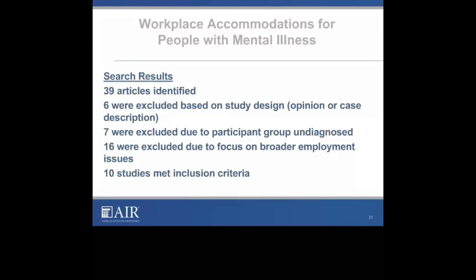I have some other examples of data that we'll look at next workshop, where they identified nearly 4,000 articles to end up with just a handful of 25 articles. But 39 is a good number. It's a broad number. They excluded 6, give us their opinions. 7 were excluded because of the participant issues, and others because of not focusing on the topic.